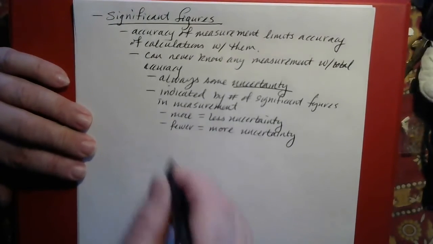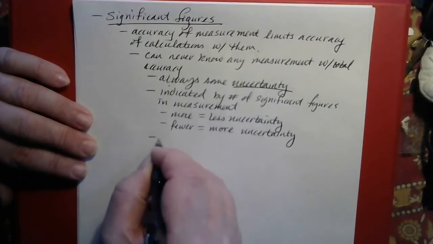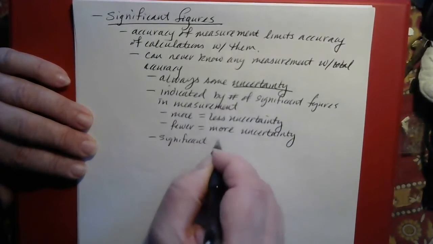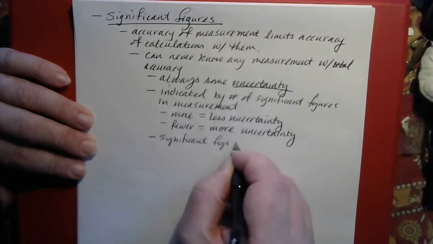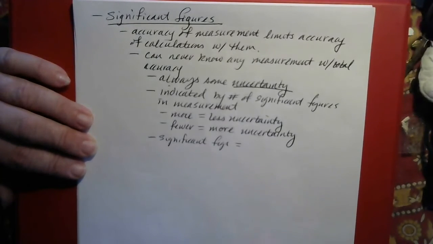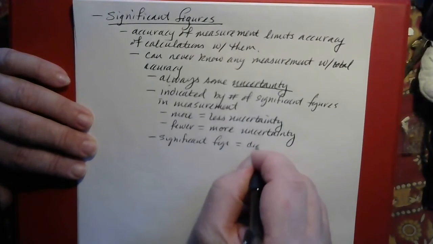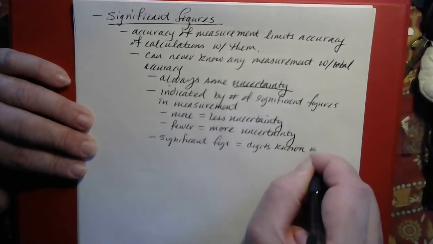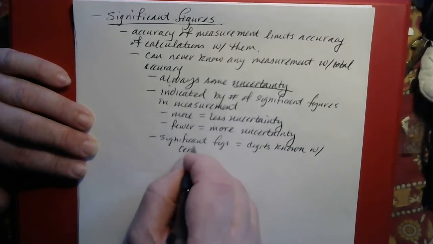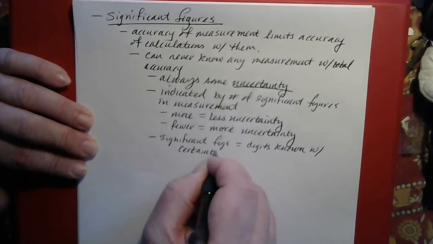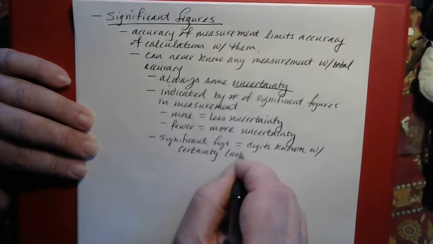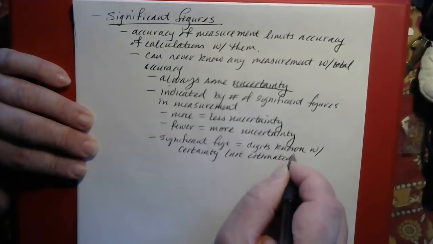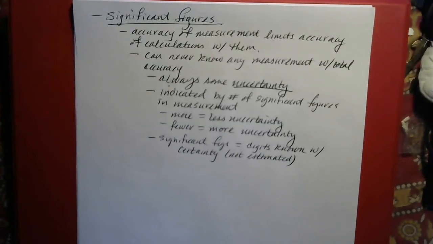Generally, we consider the significant figures to be the digits known with certainty. That is, not estimated.